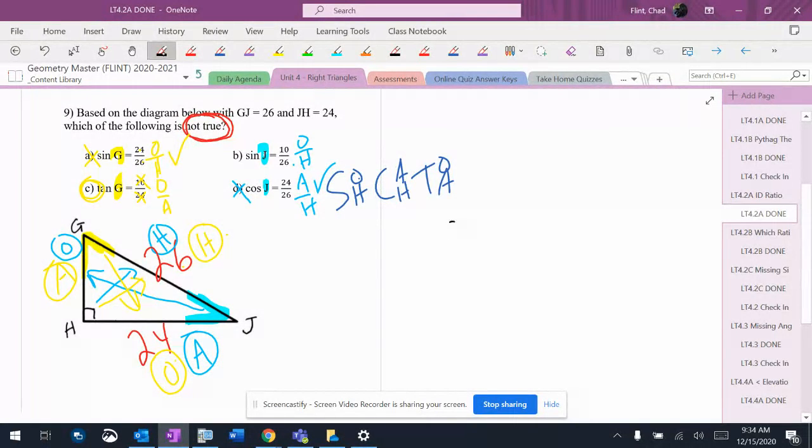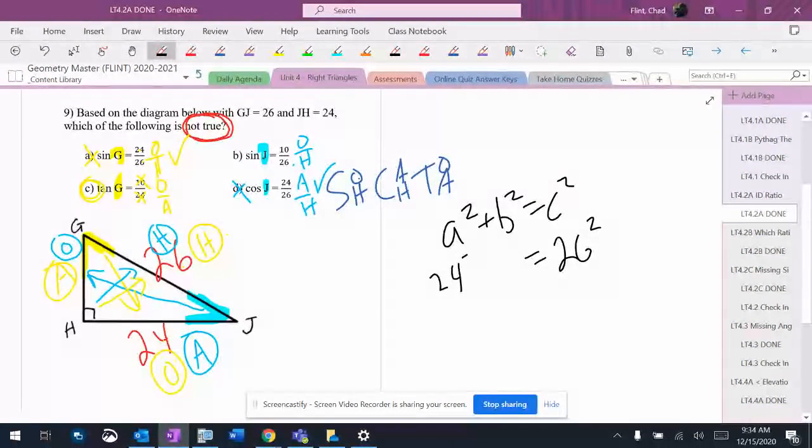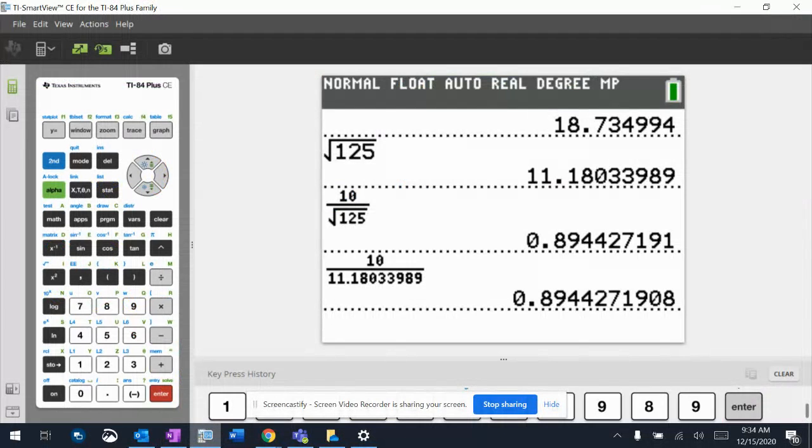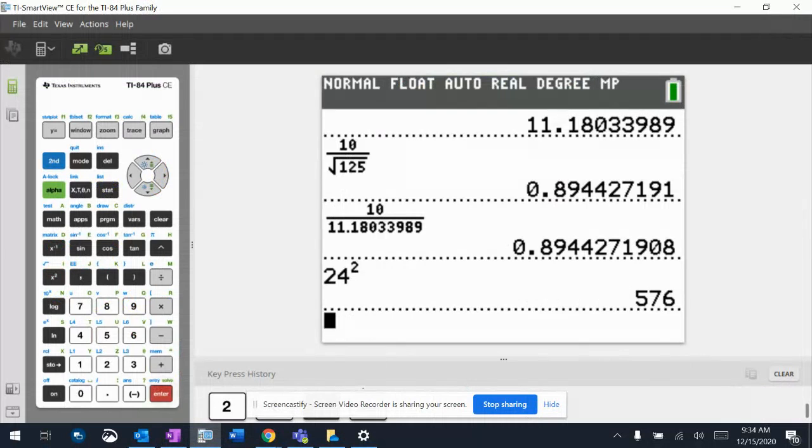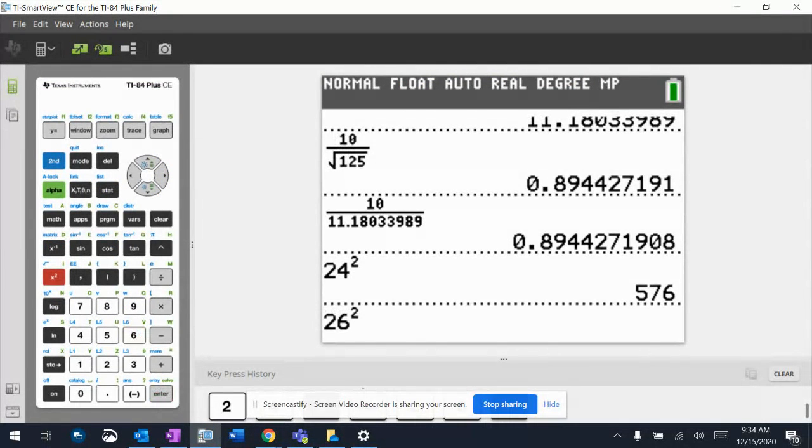But really, I should find out what that missing side is to make sure. That's a Pythagorean theorem question. A squared plus B squared equals C squared. The hypotenuse is C, and it didn't matter which angle I had. The hypotenuse is always 26. And then I have 24 squared plus B squared. Let's do some math here. I think I should know what these are. 576 and then 676, probably?